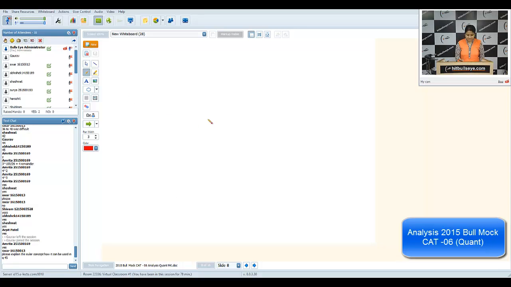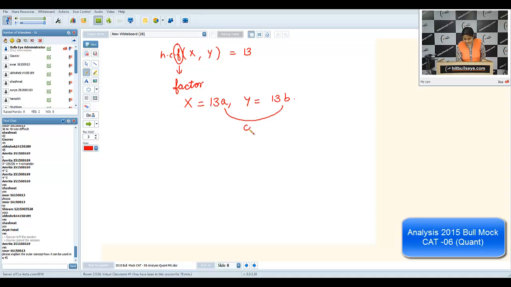First of all, what is the 45th question statement? The sum of two numbers is 4732 and the HCF is 13. If HCF of two numbers is 13, what is this word? This is factor. It means 13 is a factor of x and y. That's why x can be written as 13 into a and y can be written as 13 into b, where a and b should be co-prime to each other.